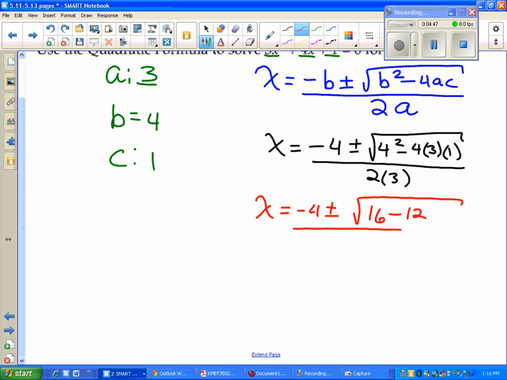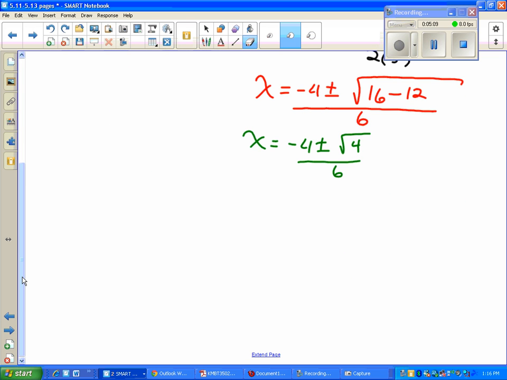What's 2 times 3? 6. What is 16 minus 12? Square root of 4 divided by 6. What's the square root of 4? 2. Negative 4 plus or minus 2 divided by 6.